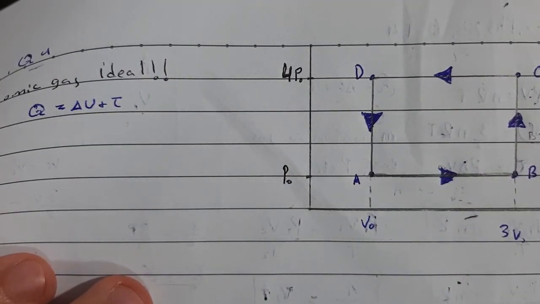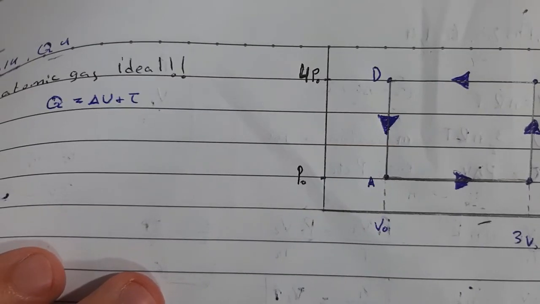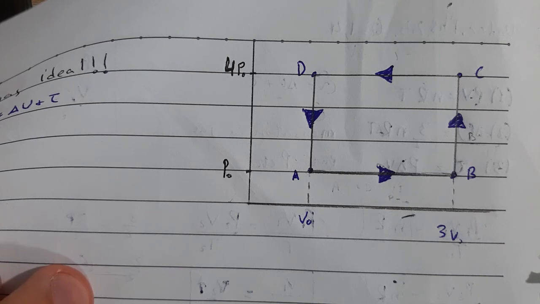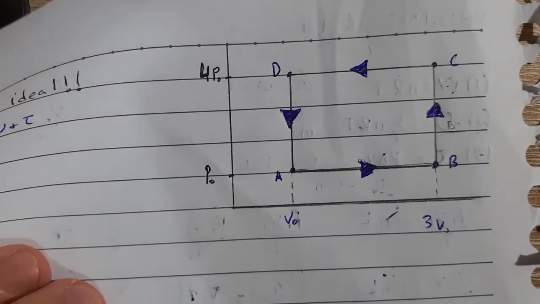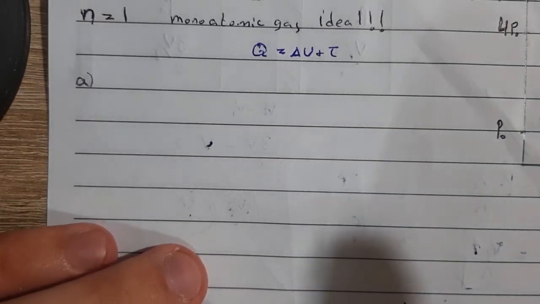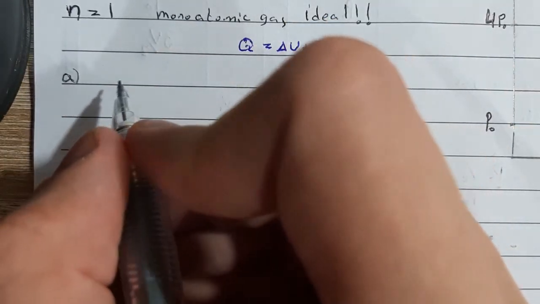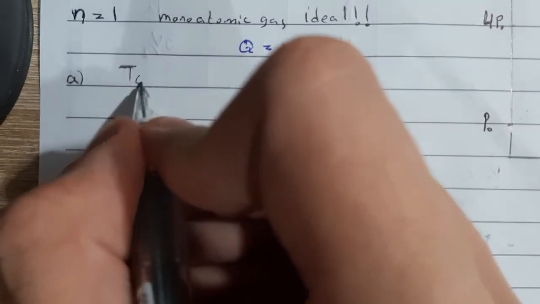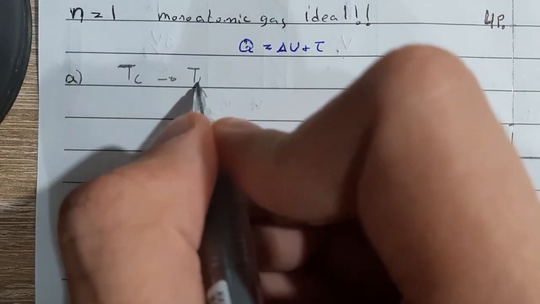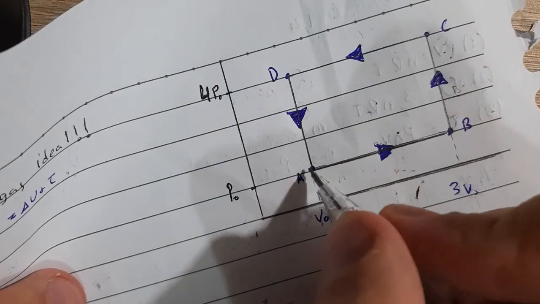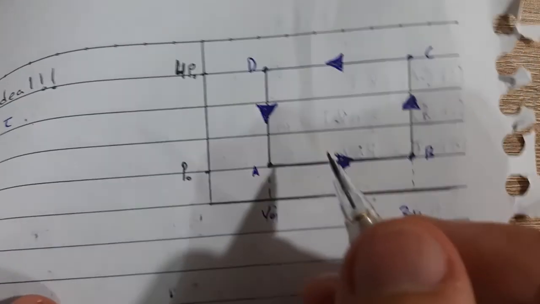Okay, so let's start solving. Take the question, try solving by yourself, and I'm going to start solving it now. So this is a long question. The first part of the question wants you to relate the temperature in point C with the temperature in point A, remembering that the temperature in point C is this one and the temperature in point A is this one.